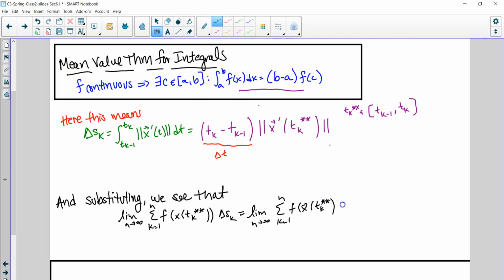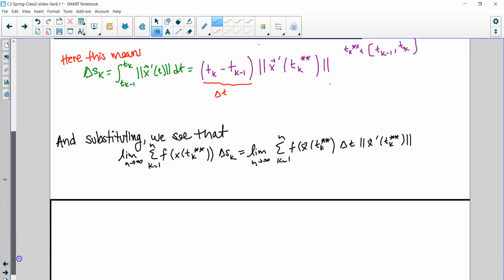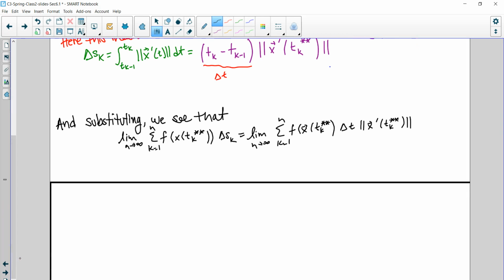So that first part is delta t, and then x prime of tk star star. Now if I rearrange this just a smidge, I don't have an integral inside of a sum.